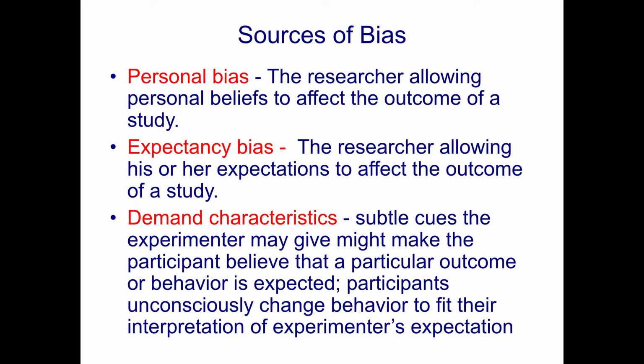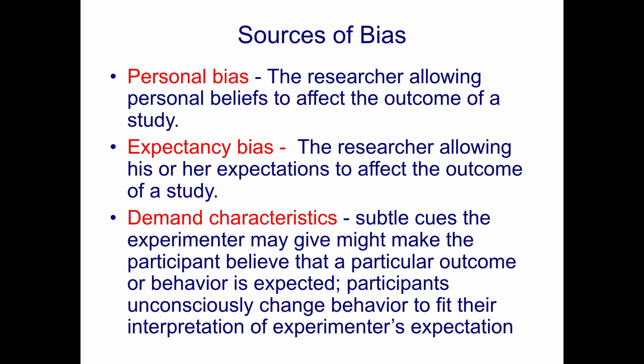And we call these, I guess you could say they're kind of an example of what we refer to as demand characteristics. And these are cues, sometimes very subtle cues, like in the case of the rats, just the way that the rats were handled. These are cues that the experimenter might give to the participants to make the participants believe that they need to produce a certain outcome or they need to exhibit a certain behavior.